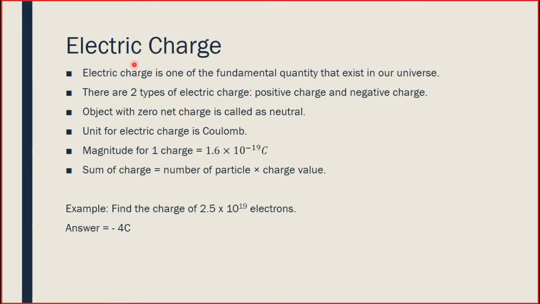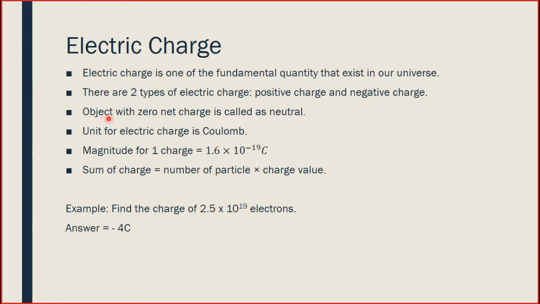Starting off, we need to define something called electric charge. What is electric charge? Electric charge is one of the fundamental quantities that exist in our universe. It is like mass or length; those things are developed by nature independently.